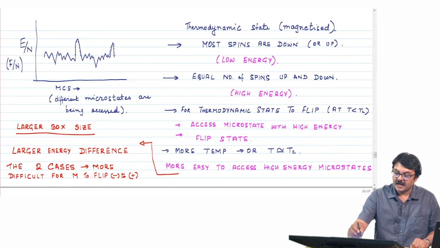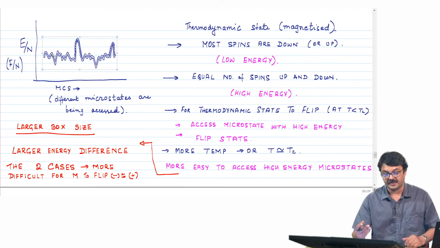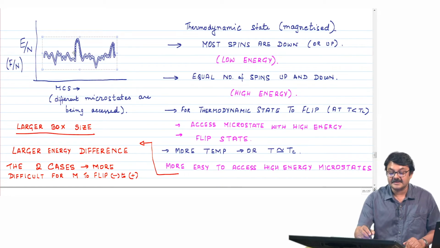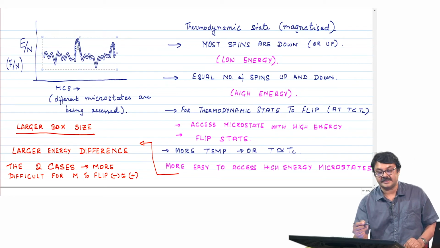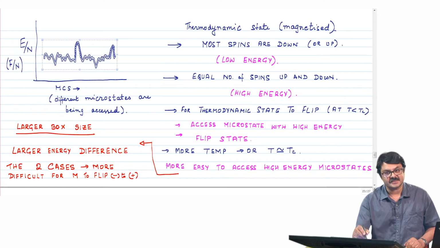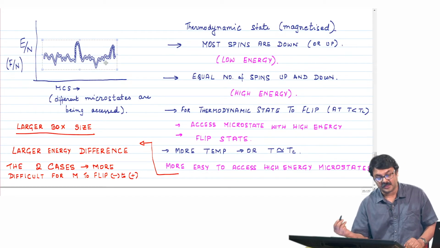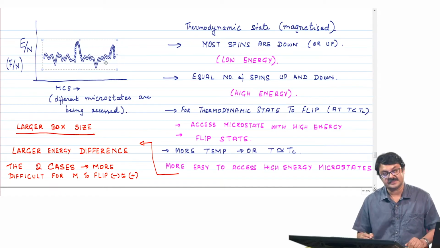As it does, the energy fluctuates, going up and down as spins flip, but once in a while the system accesses relatively high energy, as here, and then again it starts fluctuating and can go down, and so on. But once in a while it accesses relatively high energies.